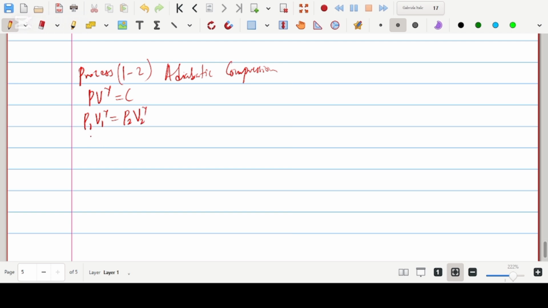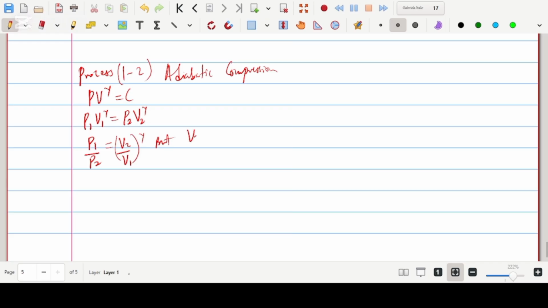So here I can say that P1 over P2, bringing this to the other side, is (V2 over V1) all raised to gamma.